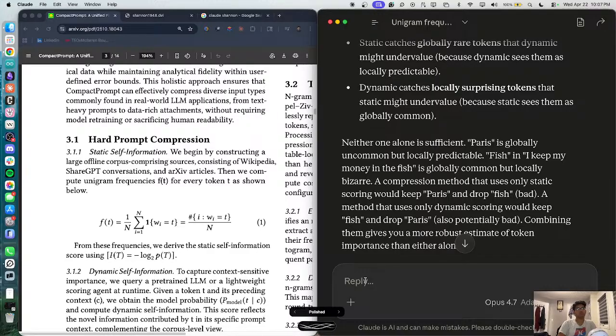But an issue with it is also the fact that some low-information tokens are actually very important for sentences due to their given context, but static self-information does not understand context. That is something that is reserved for dynamic self-information. Ensure that you have all of these points within that documentation, but it is also short, sweet, and concise.